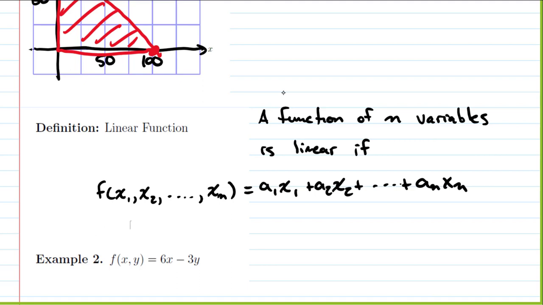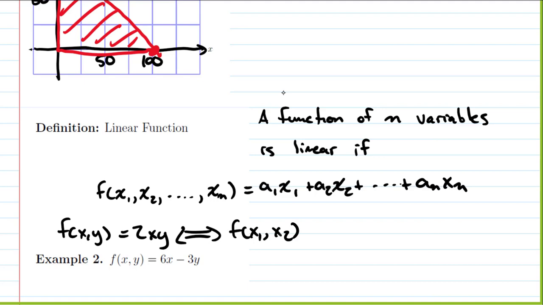So just to be very clear, if I had the function f of xy equals 2xy, this would be the same as the function f of x1 x2 equals 2 x1 x2. It's just a different way to write things, but since we usually start with our variables at x, we run into the end of the alphabet after 3 letters.